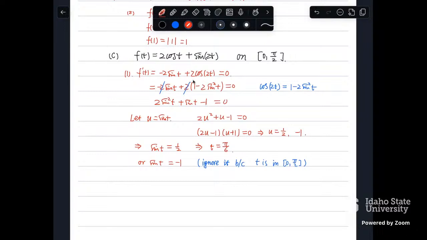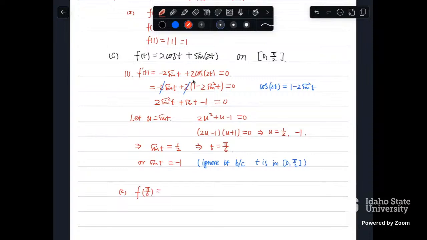But we restrict ourselves to this interval, so this simplifies things. In this case, we get only one critical number, t equals pi/6. So the next step we need to do is to find the function value at the critical number.